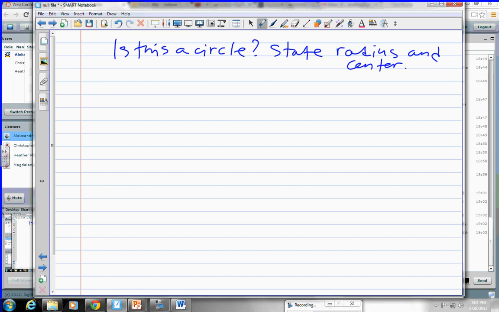So let's look at something like this. X squared minus 4y plus 7 plus 2x plus x squared equals 8.